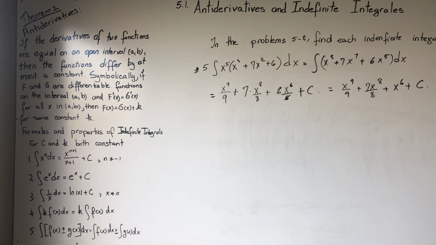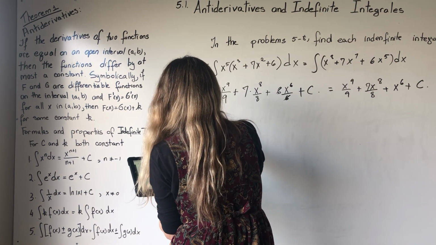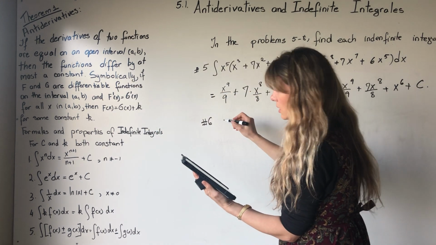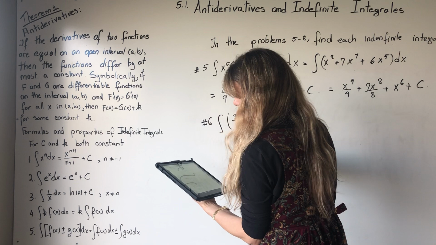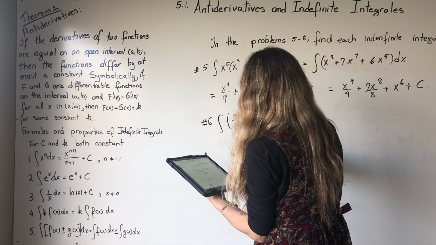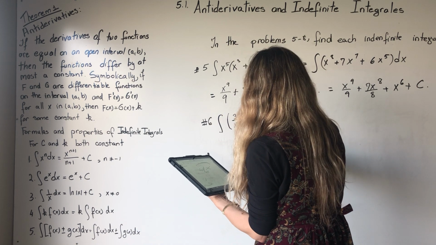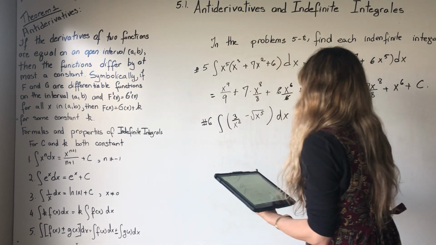Let's do the next one. So number 6, it's the integral of 3 over x squared minus square root of x to the 5th dx.